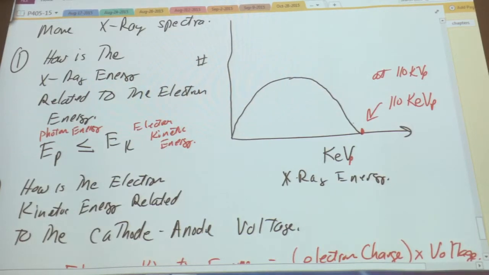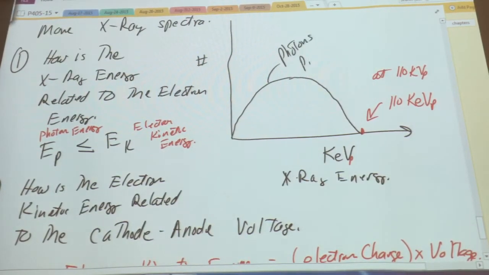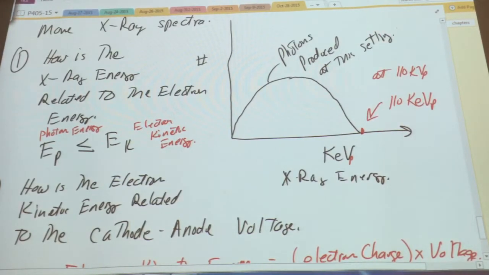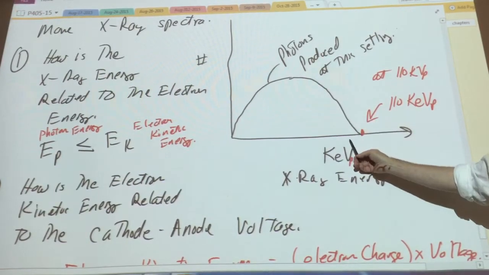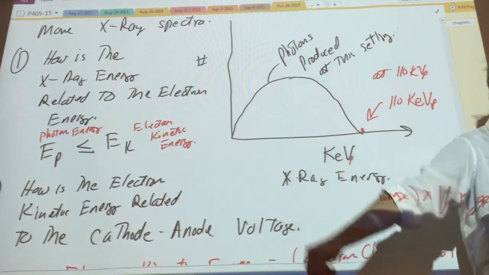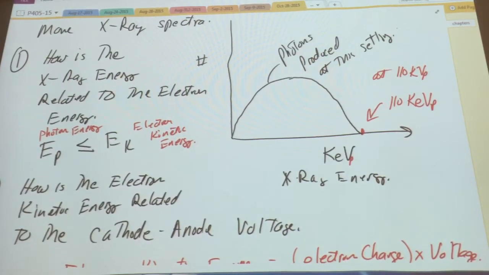So these are the photons produced at this machine setting. If you set the machine to 110 kVp, you get photons that could have some with that energy, but most of them are going to have less, just because of how the photons are produced.